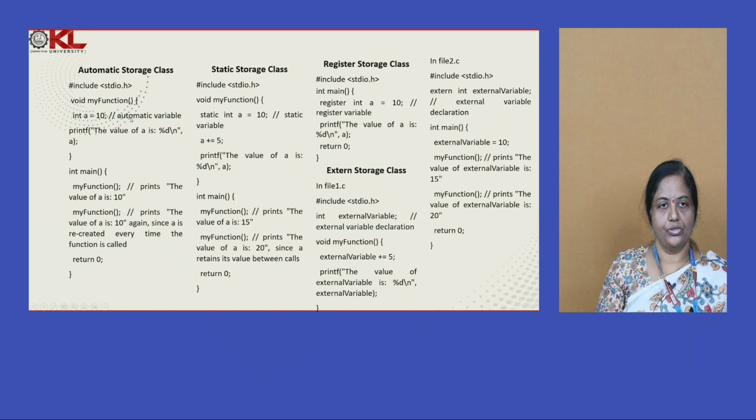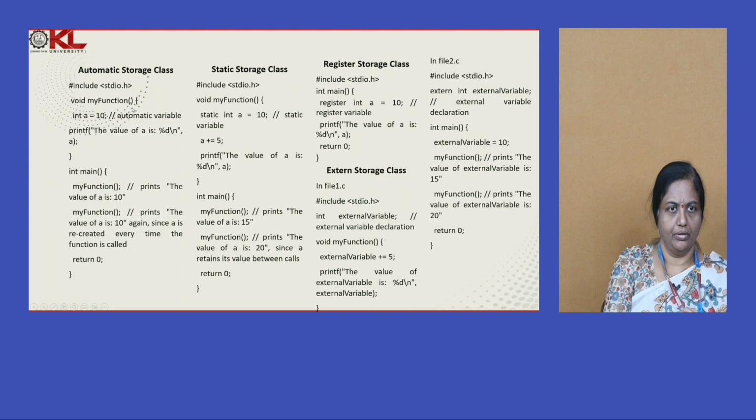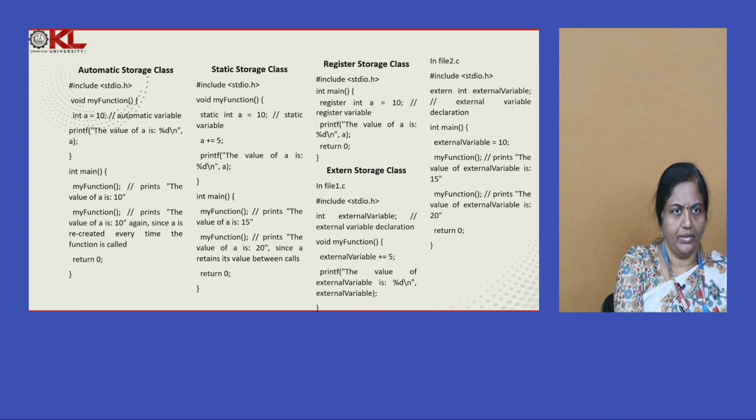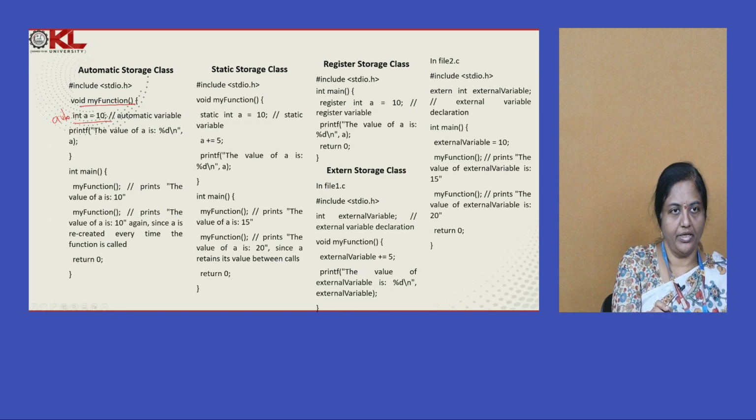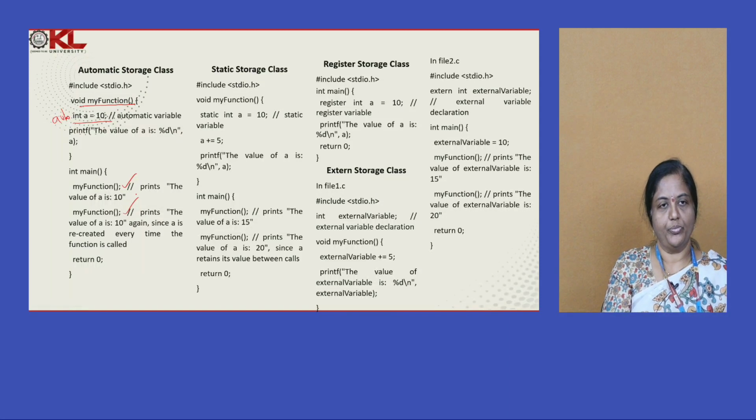The first one is an example of an auto. Here it is a function, my function. Inside it is an automatic variable. By default it is auto. Whether you write auto or not, it behaves like an auto variable, and simply prints. And in main, there is a function call to my function, and another call to my function. My function is being called 2 times.